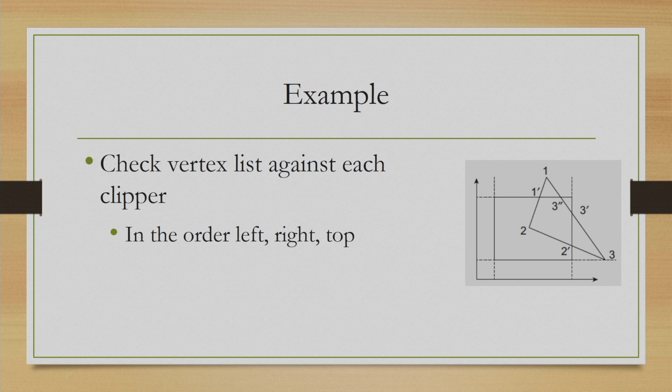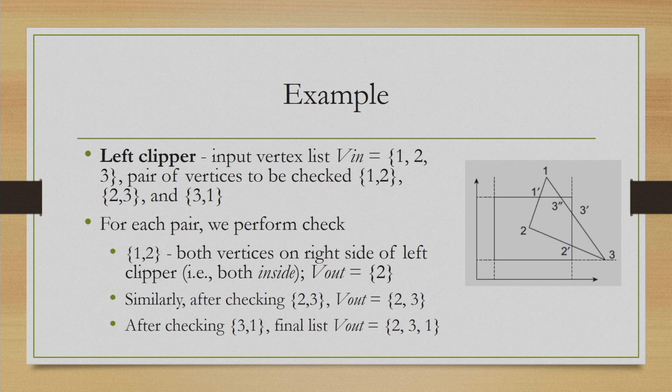So, at the beginning we start with the left clipper, then we check against right clipper, then top clipper and then bottom clipper. Let us see what happens after checking against the left clipper.